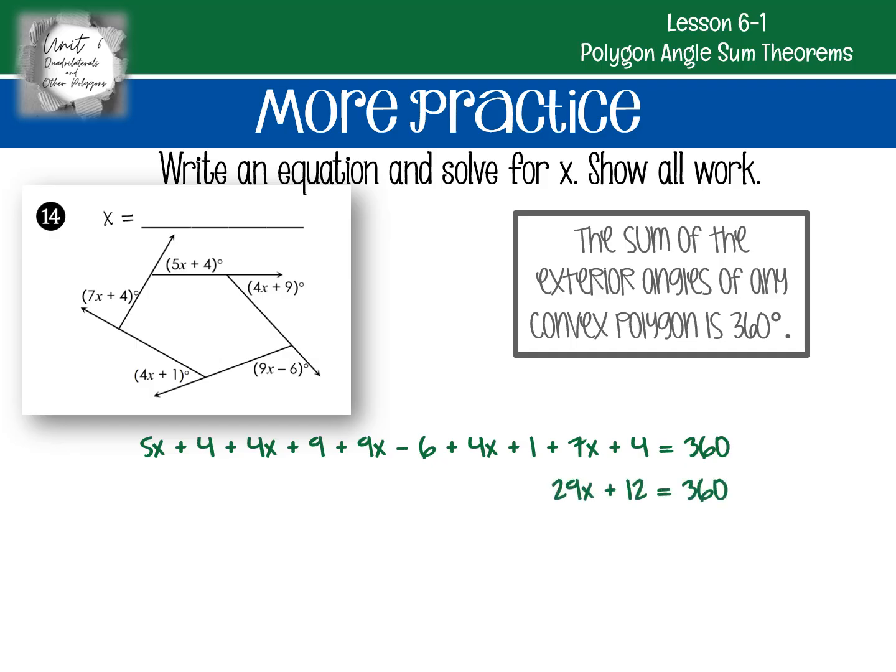Combine like terms. 29x plus 12 equals 360. Subtract the 12 on both sides. 29x equals 348. Now divide both sides by 29. x is 12. Final answer, x is 12, number 14.